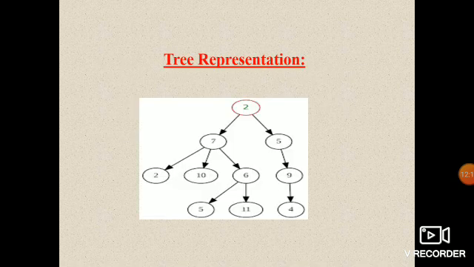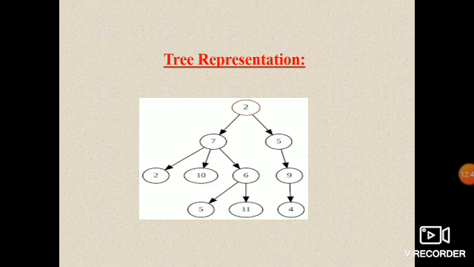Yeah, this is a tree representation: 2, 3, 4, 5, 6, 7, 10, like any values. The first node is 2. Each circle represents a node. Root to node. The arrow marks are called edges.